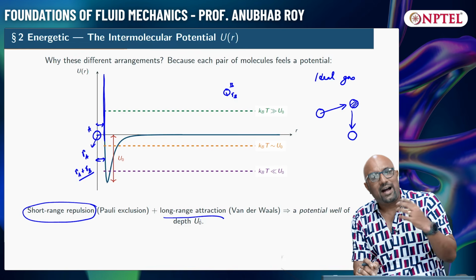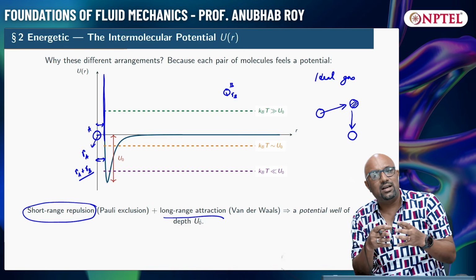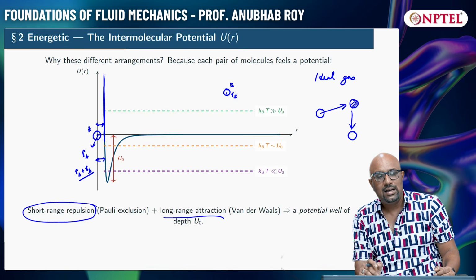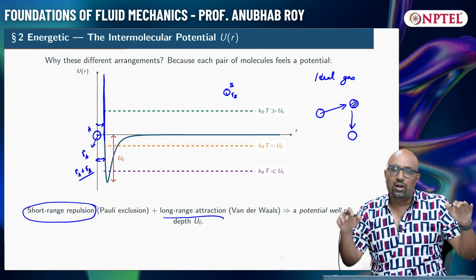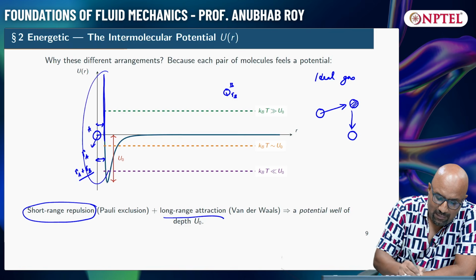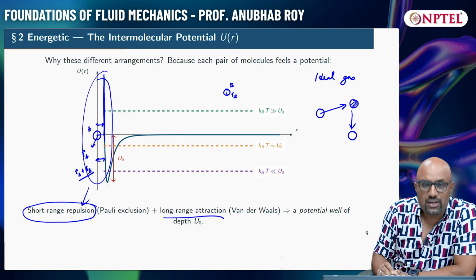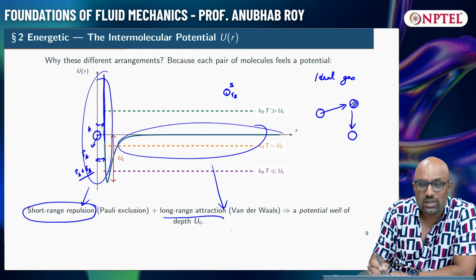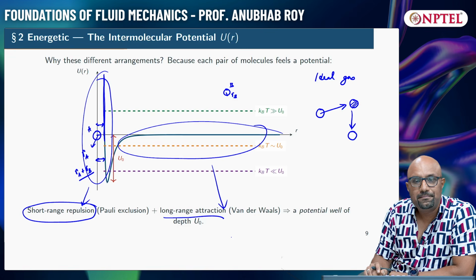So there can be a van der Waals attraction which will exist when the molecules are far apart. Now this gives you what is called an energy landscape. The energy landscape has a short range repulsive barrier and a long range attractive tail.